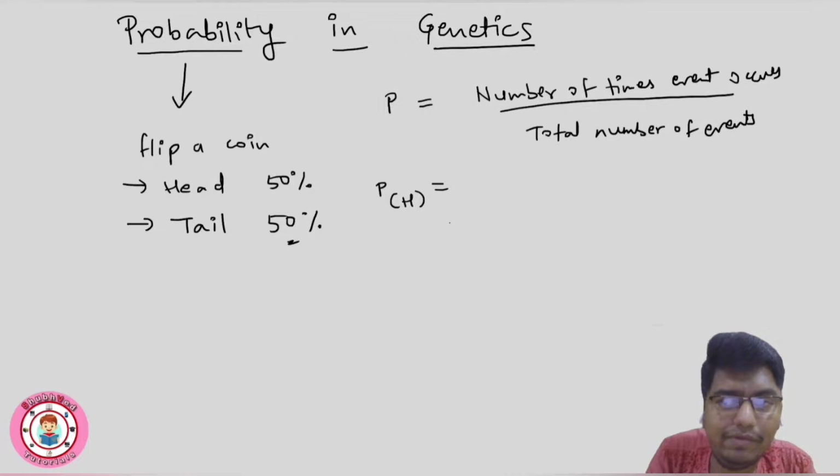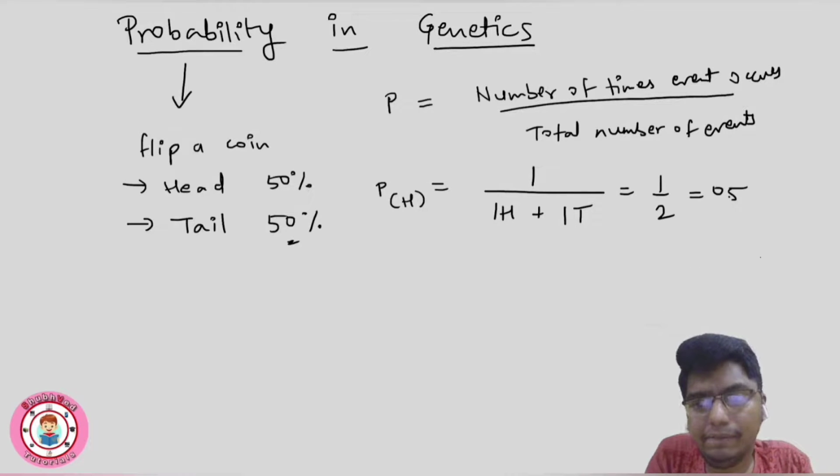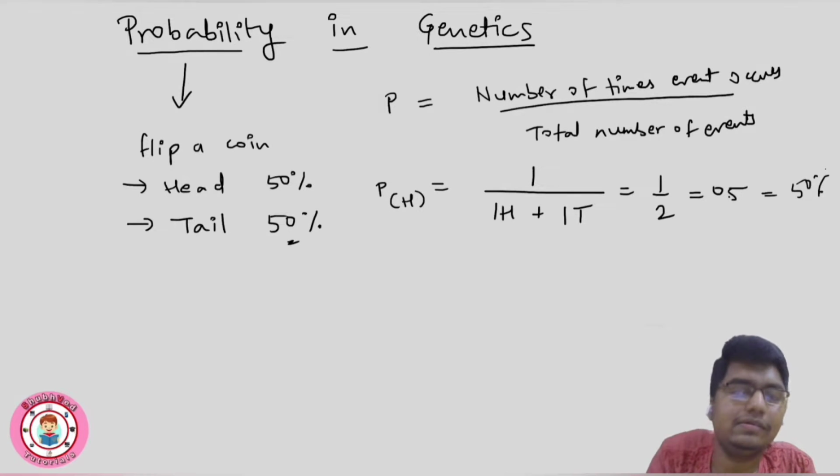The number of times the event will occur, that is head. How many times? Only one time. Then the total number of events, one head plus one tail, will give 1 upon 2. 1 upon 2 is 0.5, and 0.5 is ultimately 50%, right? That's it. So this is how we will find the probability.